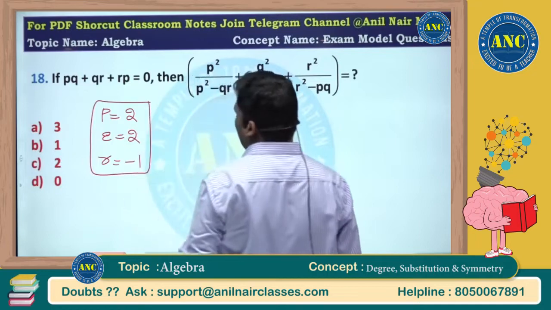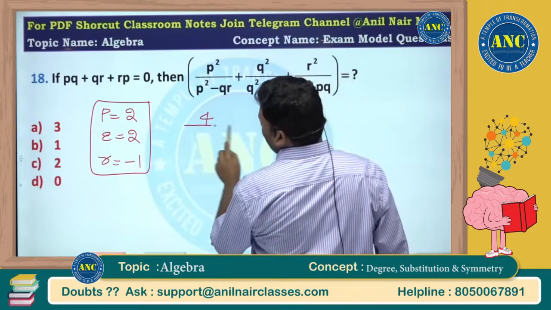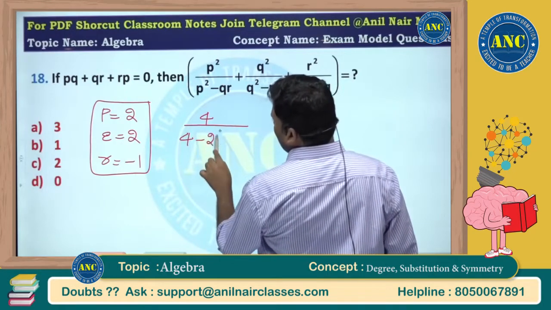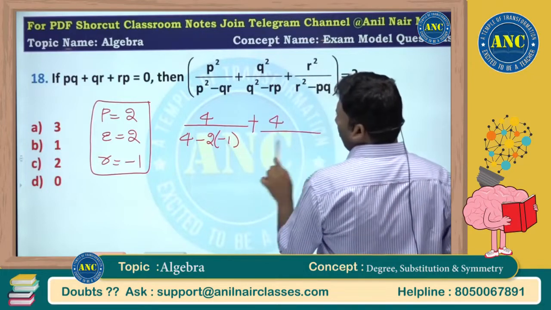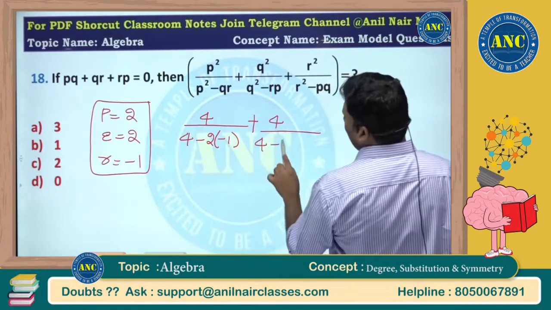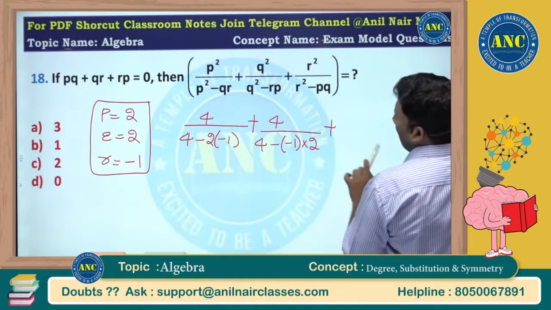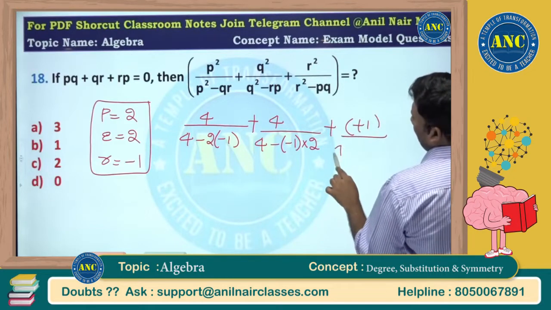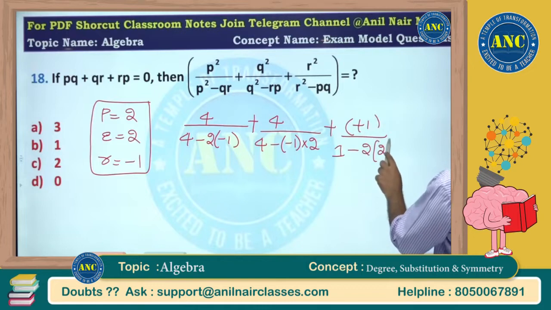Let us substitute: p square is 4 over qr, 2 into minus 1, plus q square is 4 over rp, r is minus 1, p is 2, plus r square is 1 over pq, which is 4.